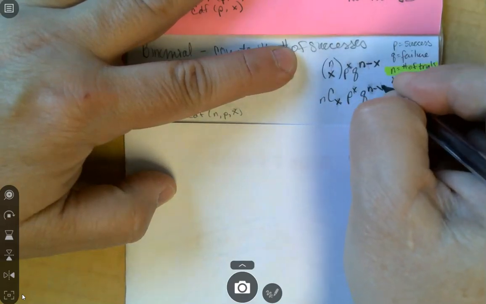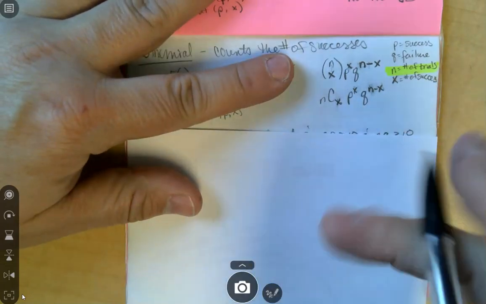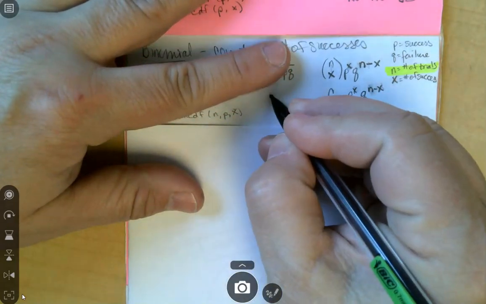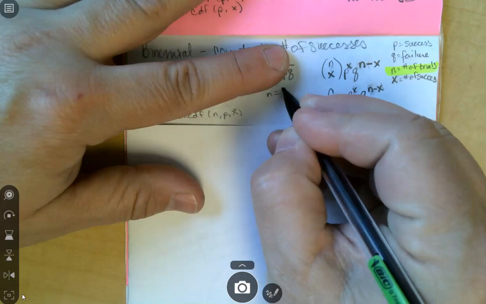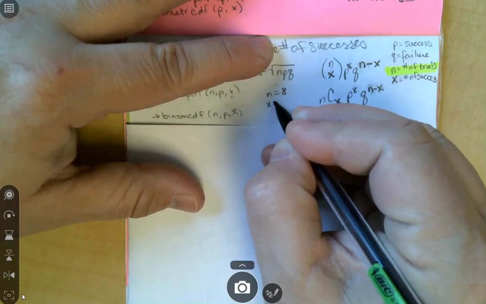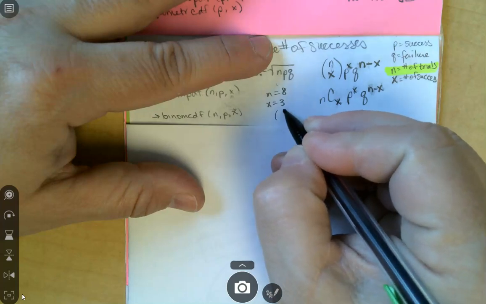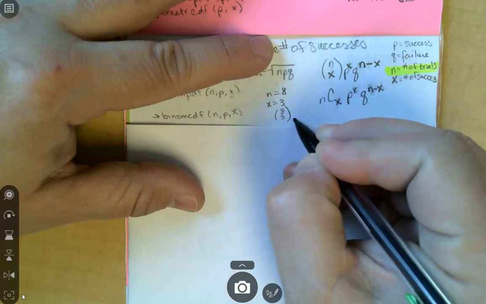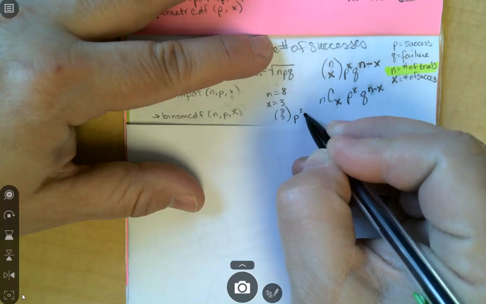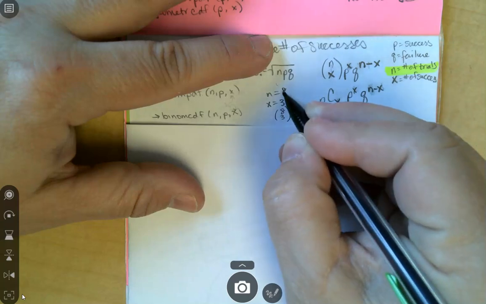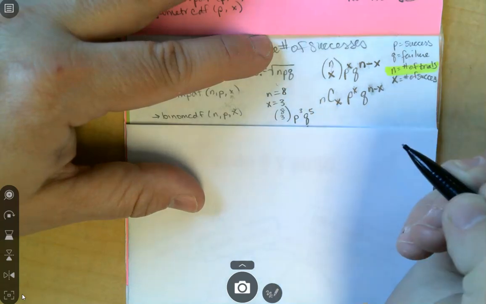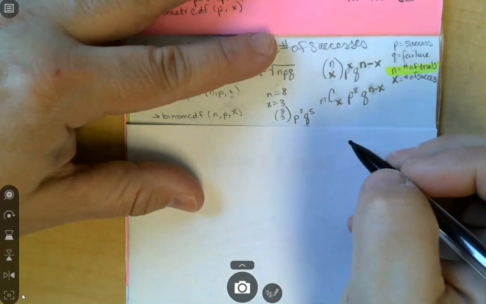So N minus X. So let's say our trials is 8, and we want to see up to 3. And so what it does is this is 8 choose 3, and it's your P to the 3, and your Q to the 8 minus 3, which is 5. So that's what those two notations mean.